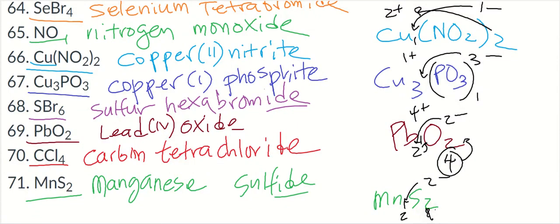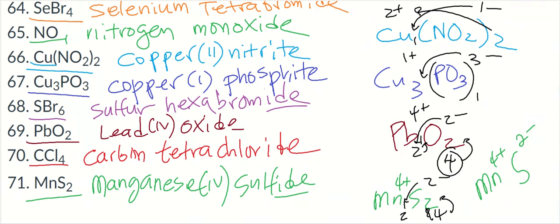All right, this must have been 4 and got reduced down to 2. So this is manganese 4. Because you can work it out. Do manganese 4 positive and sulfur 2 negative, and crisscross them, reduce them, you'll get this original formula. So you can check your work that way. All right, if you have any questions, let me know.